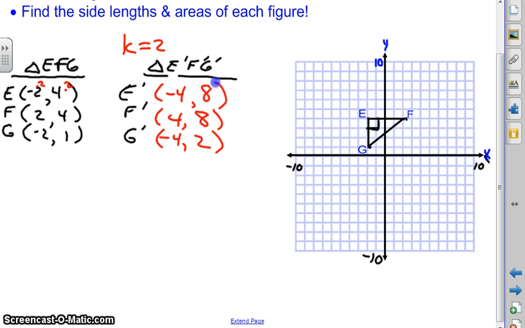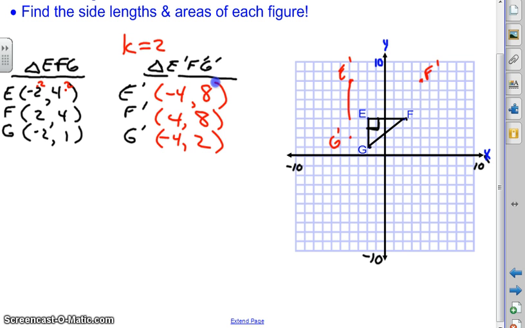Good. So who has plotted these already? Good for you. So I'm going to do it quick because so many of you have done it. (-4, 8), that's our E prime. (4, 8), that's our F prime. And (-4, 2) is G prime.